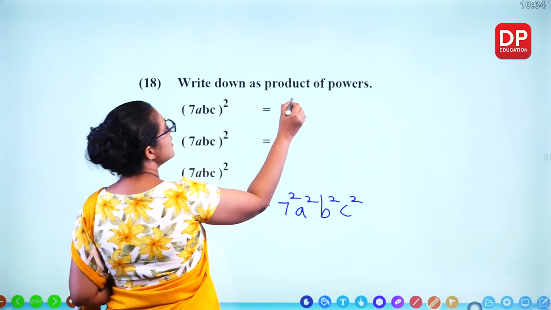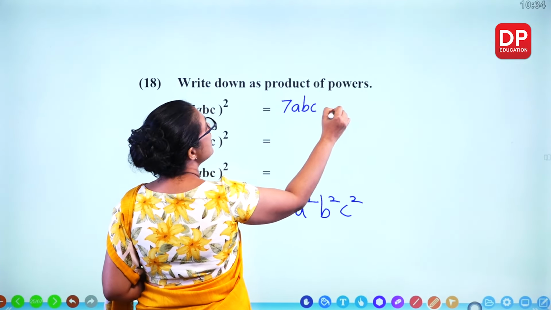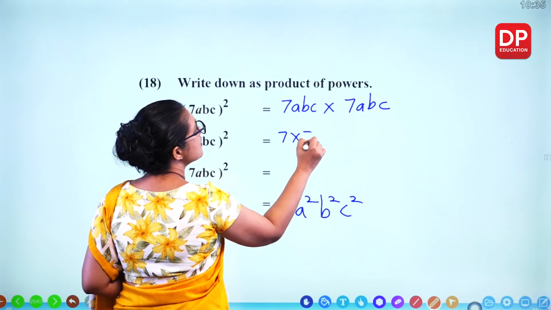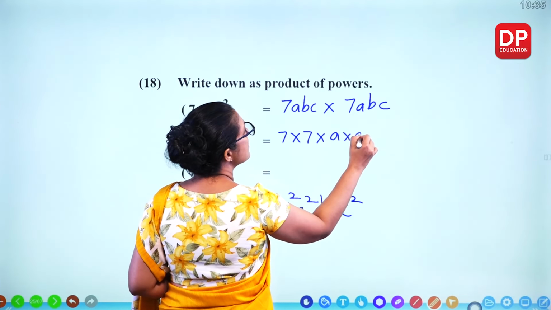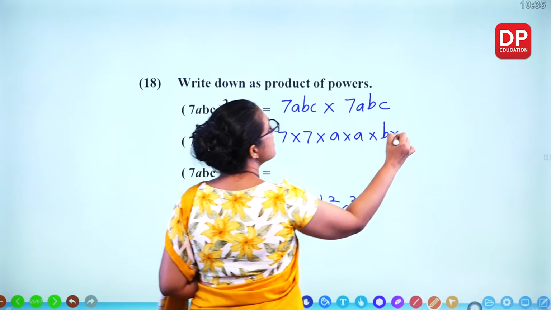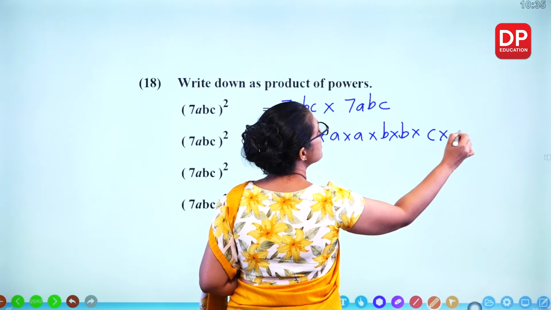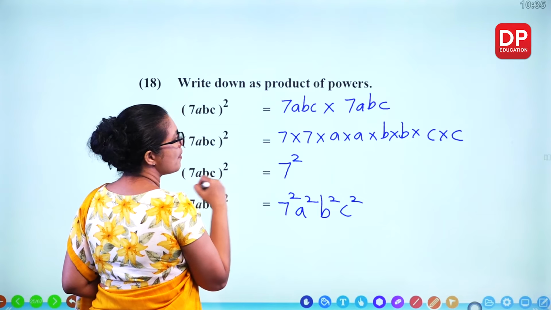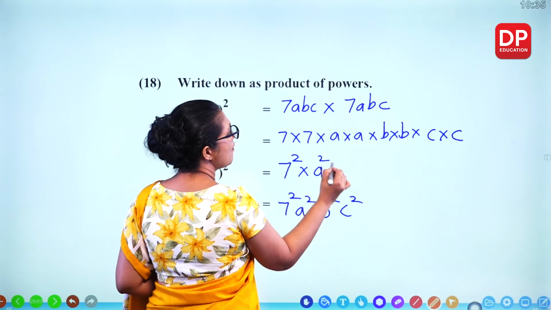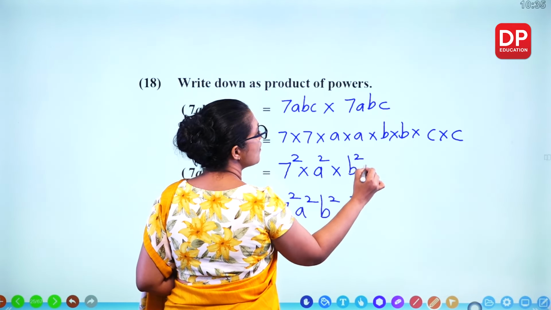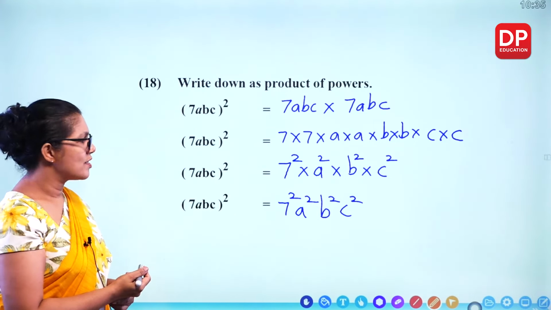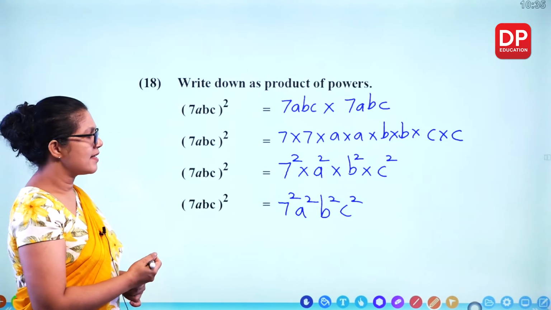We'll check it. 7abc twice: 2 7's, 2 a's, 2 b's and 2 c's. So how can you write it as a power? 7 to the power 2, a to the power 2, b to the power 2 and c to the power 2. So without the multiplication sign, you can write it like this.